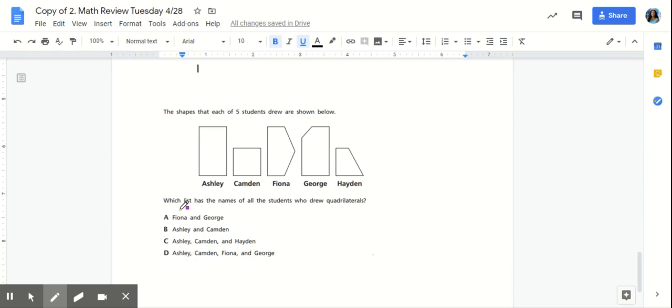So, Fiona and George. Fiona has 1, 2, 3, 4, 5 sides. So we already know that A can't be correct. B, Ashley and Camden. Ashley has 1, 2, 3, 4 sides. Camden has 1, 2, 3, 4 sides as well.